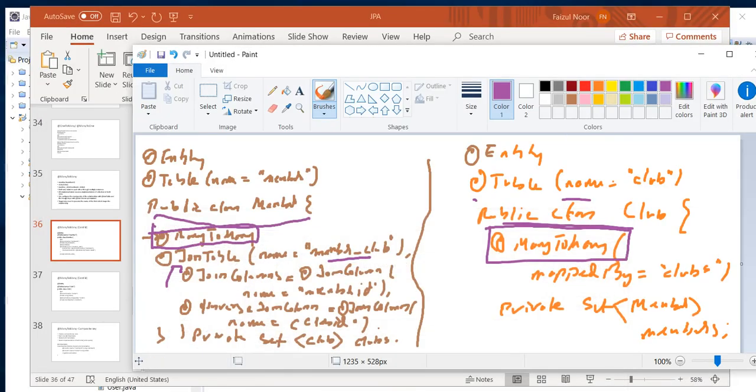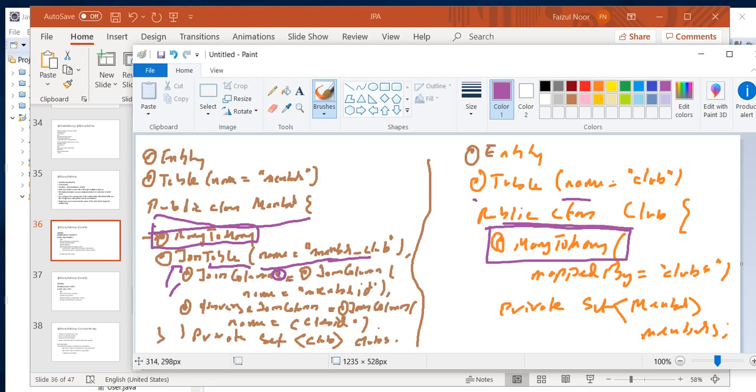Over here I have put the join table, and I said that the name of the table will be member club. And then I'm using another annotation, which is joinColumns.